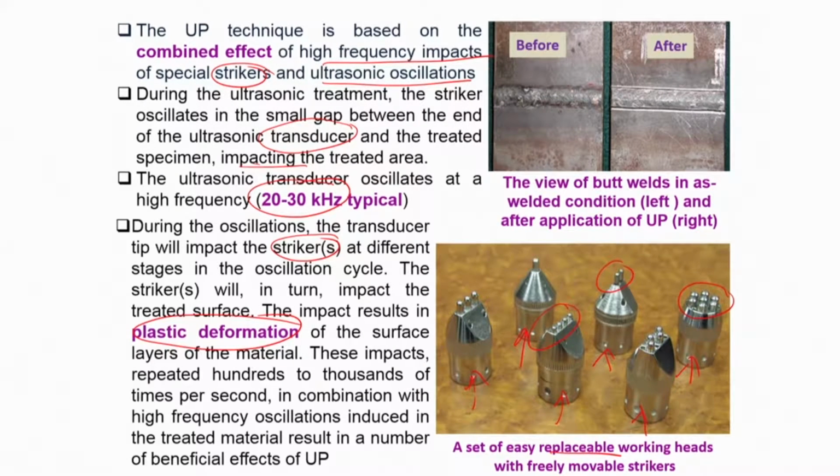So a welded joint in as-welded condition, if it appears like this, after such peening will appear very uniform, and if you measure the residual stress by, let's say, X-ray diffraction, then you will find that the state of stress is negative or compressive in nature.